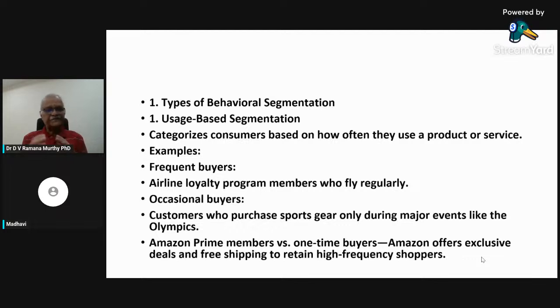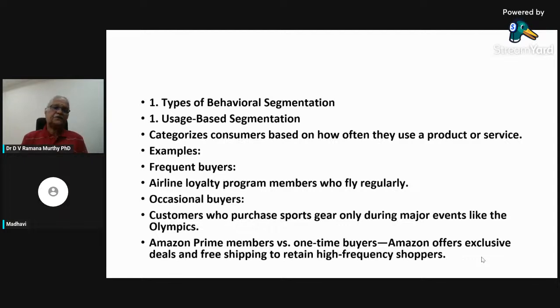There are different types of buyers. One, frequent buyers. For example, take toothpaste, an everyday consumption product. So you classify the customer class into two: frequent buyers and occasional buyers.